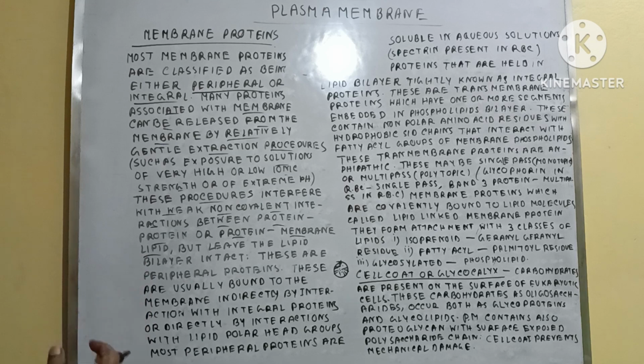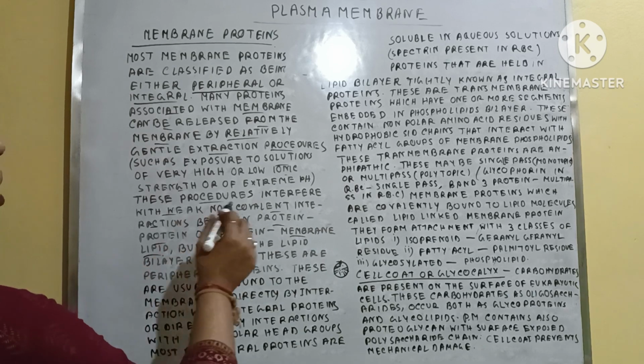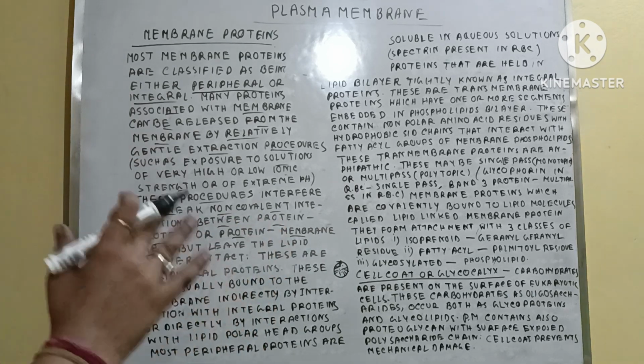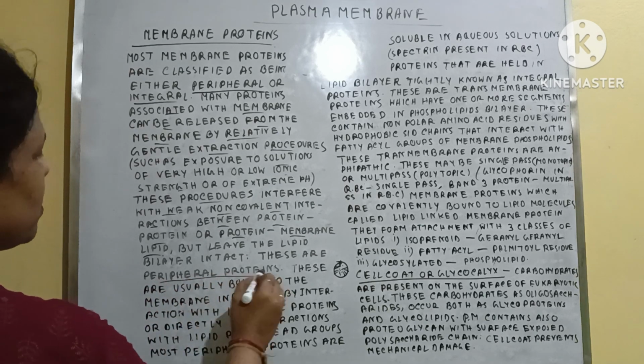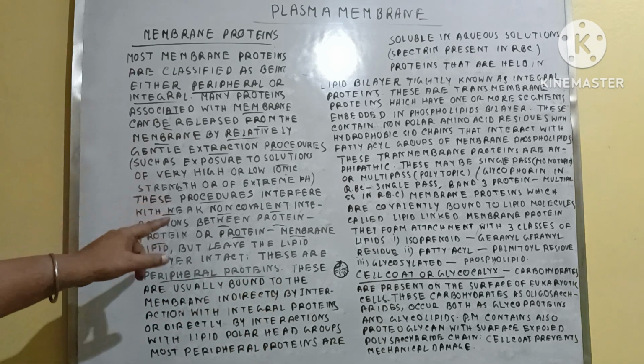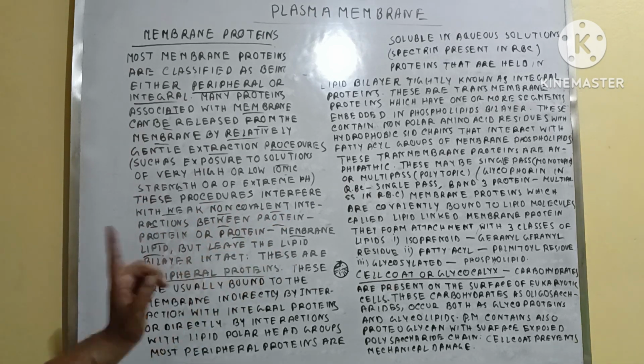If the exposure occurs, then generally the protein-lipid structure or protein structure is broken down. And these are the peripheral proteins, either released from the protein structure or released from the protein-lipid structure.